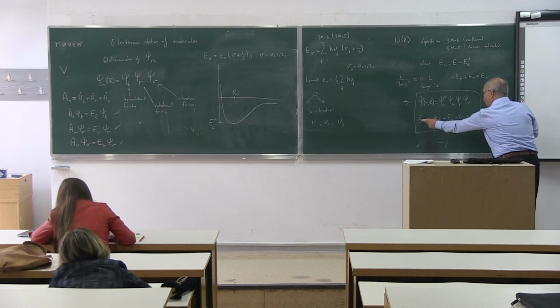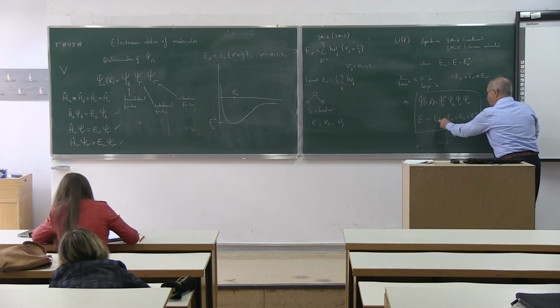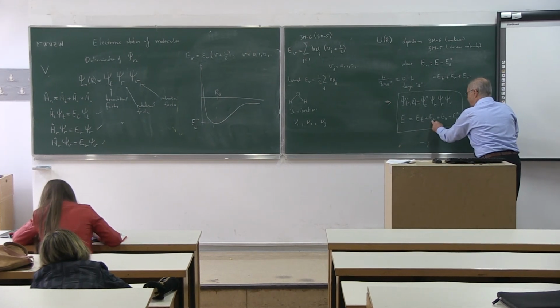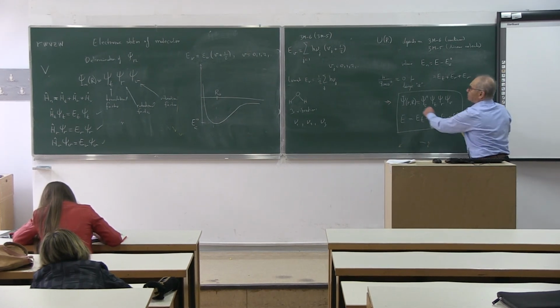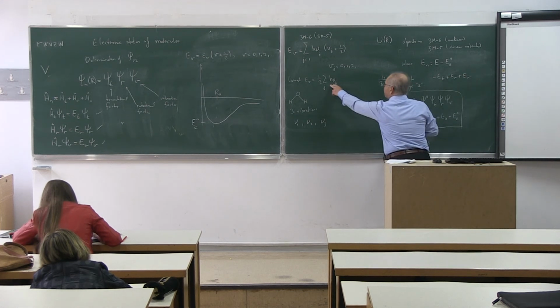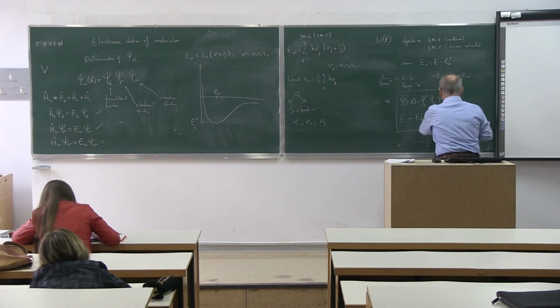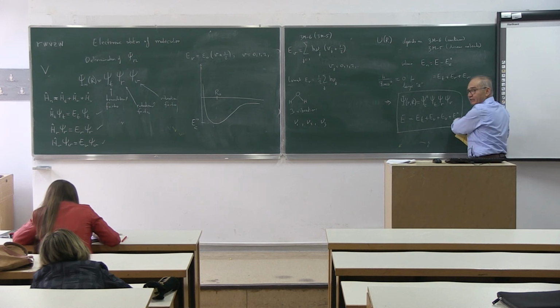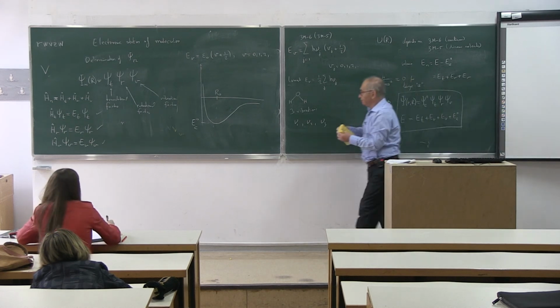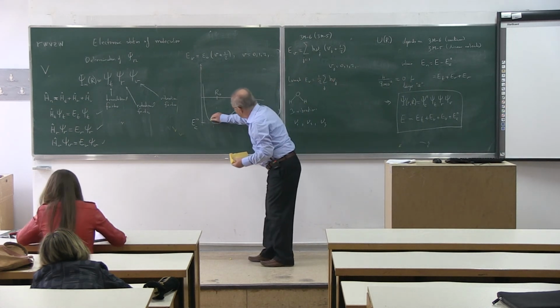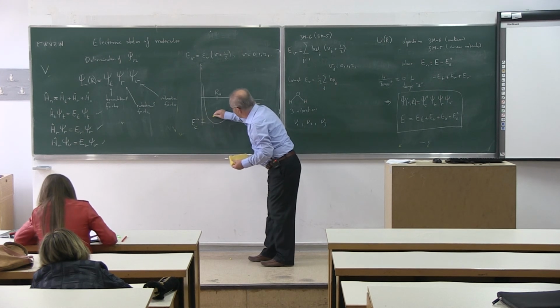The lowest value for this quantity, translation energy, is 0. This is 0. This expression is above the electronic energy. In other words, it's a value up there, higher than this electronic energy.